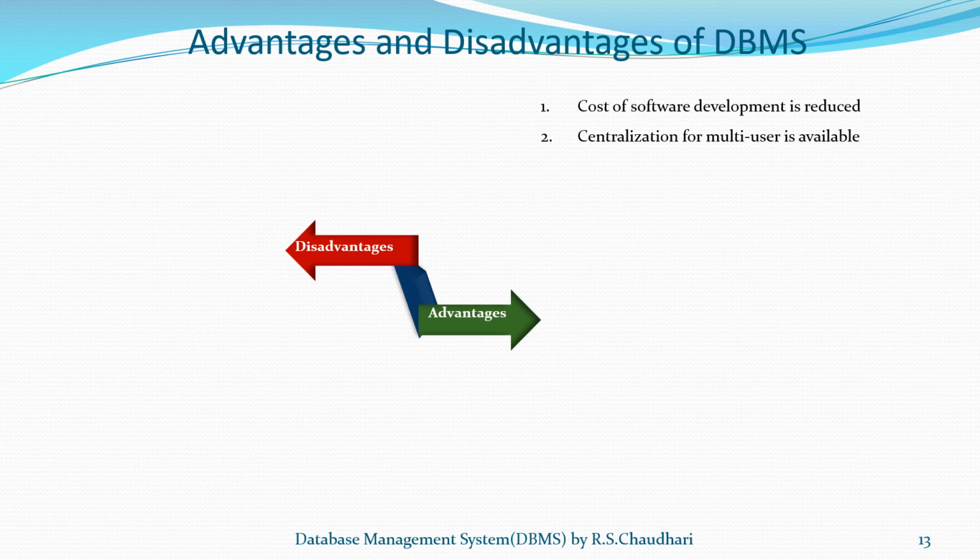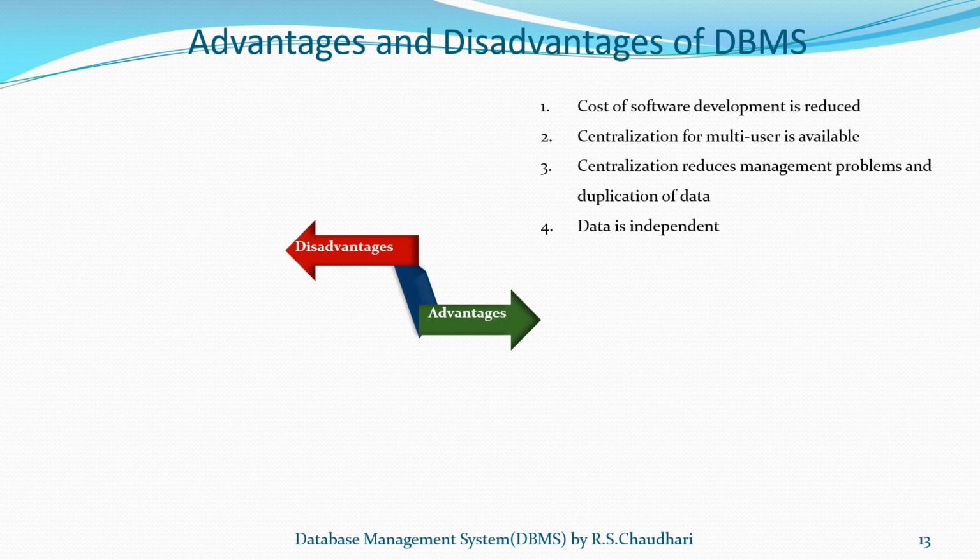All of you know that database management system is a multi-user system where centrally data is located in a database and many users can access this data at the same time. So as centralization is there, third point, centralization reduces management problems and duplication of data.